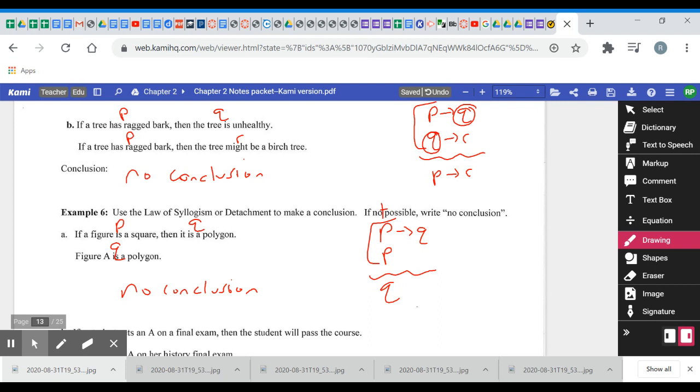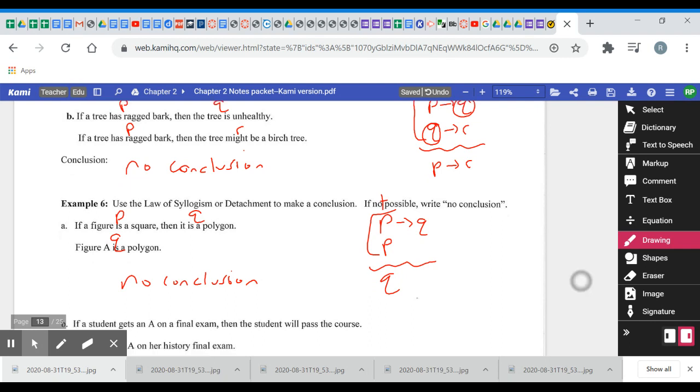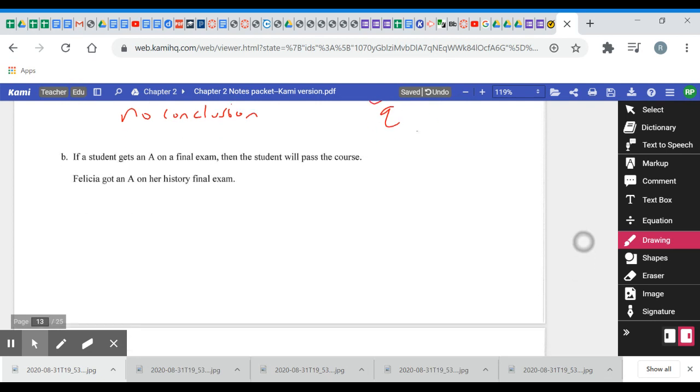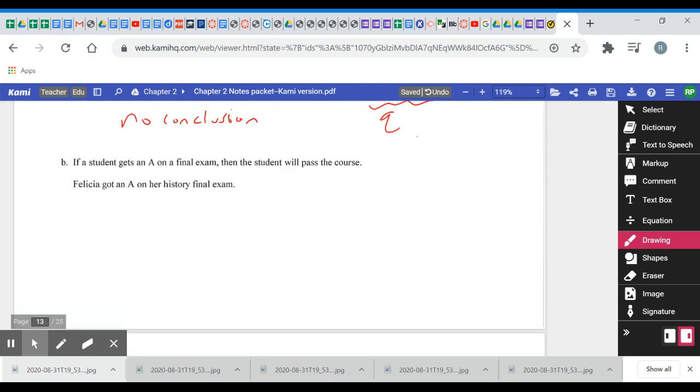If I say just because figure A is a polygon, if I conclude figure A is a square, that's not going to make sense. All right, on B, last one here, it says if a student gets an A on a final exam, P, then the student will pass the course, Q. Felicia got an A on her history final exam. So again, that's basically restating P with this specific example of Felicia.